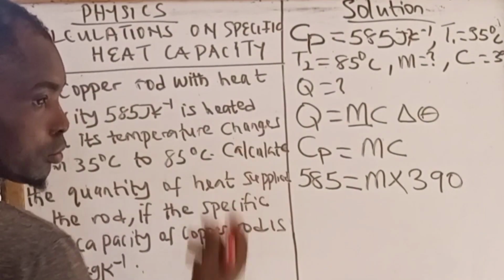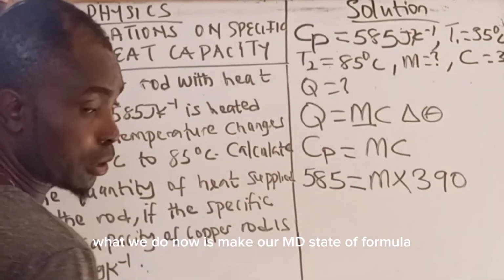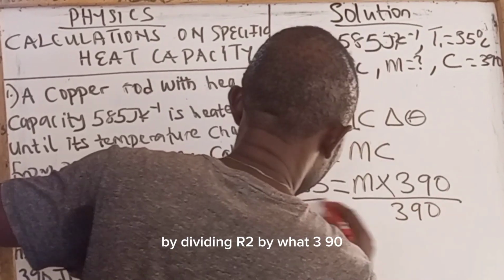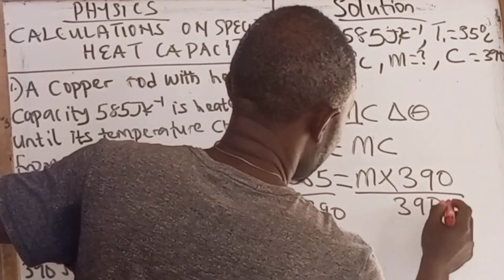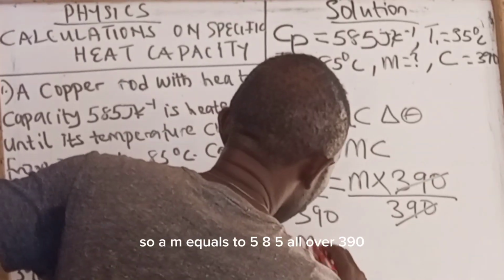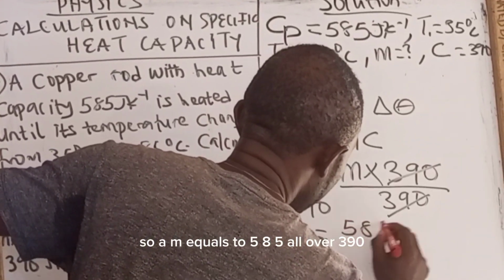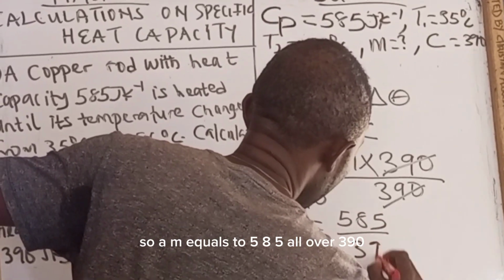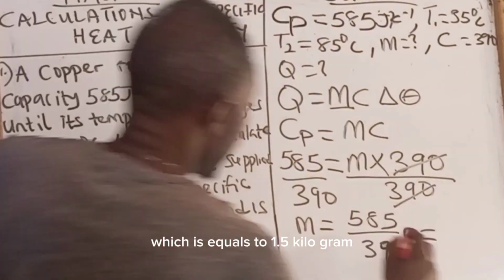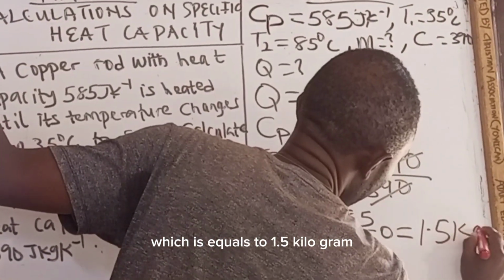So what we need to do now is make M the subject of the formula by dividing all through by 390. So our M will equal 585 over 390, which is equal to 1.5 kilogram.